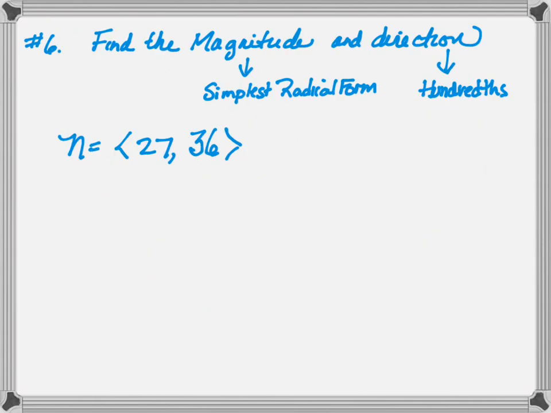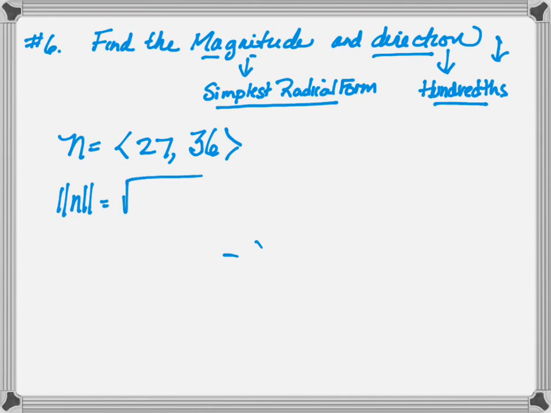It says find the magnitude and direction, the magnitude in simplest radical form and the direction in hundredths. So we've been finding the magnitude, and now we're going to find this directional angle. The magnitude of n is equal to the square root of a squared plus b squared, which would be 27 squared plus 36 squared.